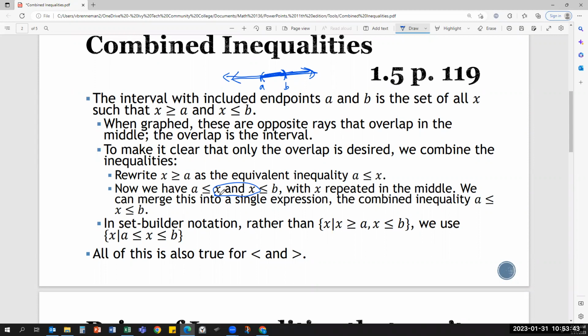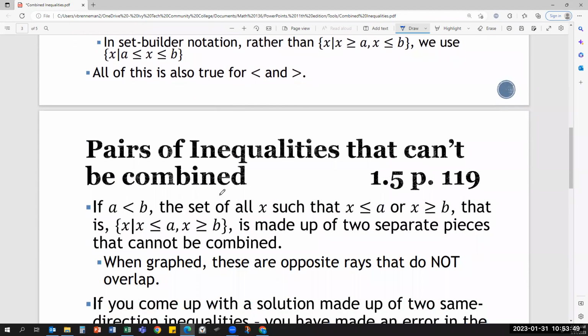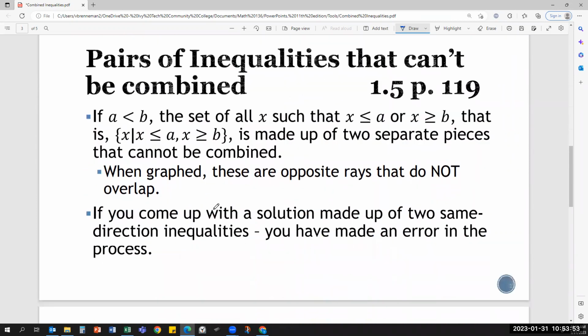And again, this works if it's just less than and greater than as well. Now, just because we have two inequalities doesn't mean they can be combined in this way. If A is less than B, so again, we have that number line with A and then B somewhere to the right of it, then if we have the set of all X such that X is less than or equal to A, so now we have this piece, and X is greater than or equal to B, now we have these two separate pieces.